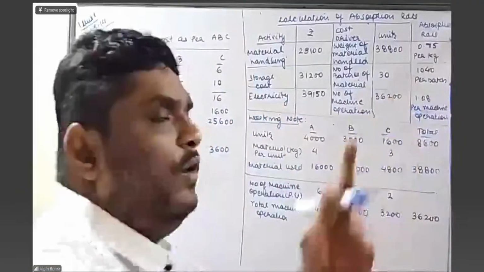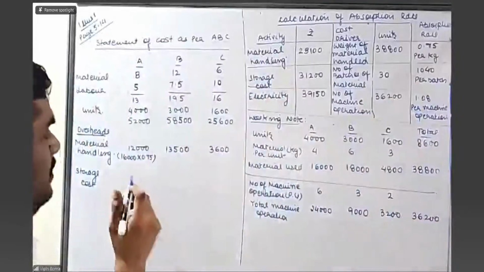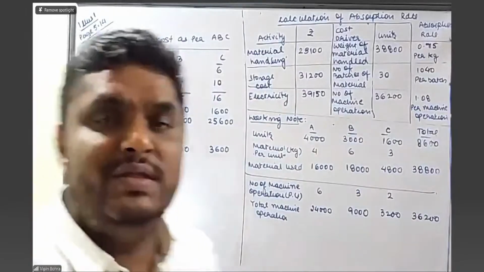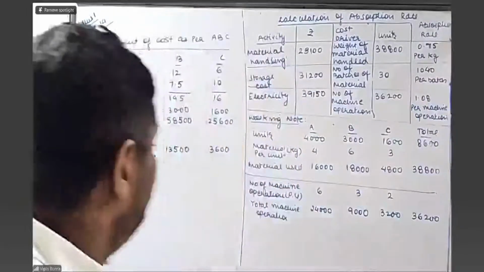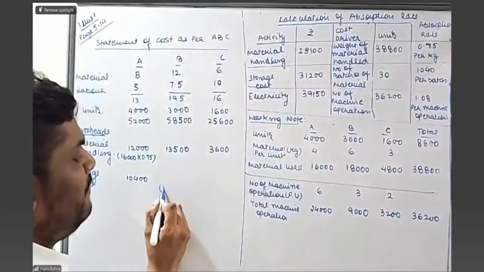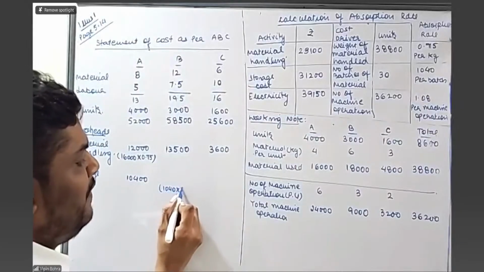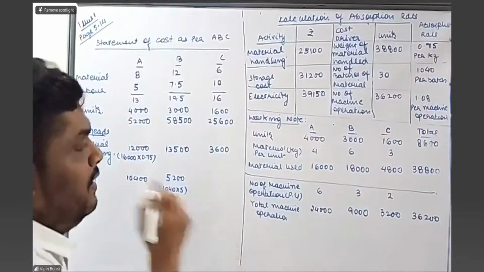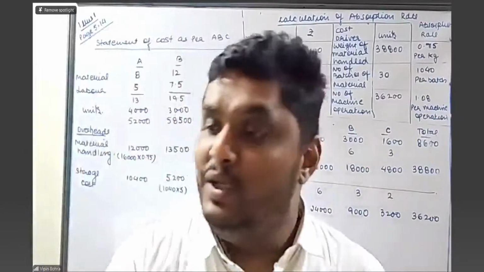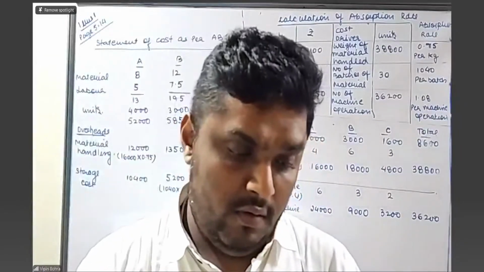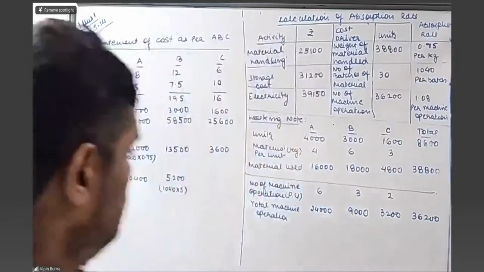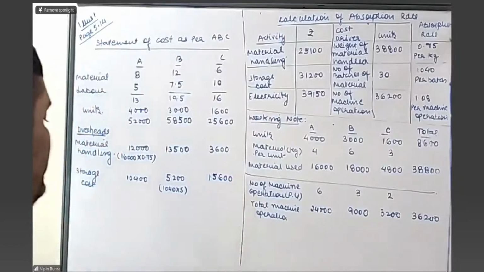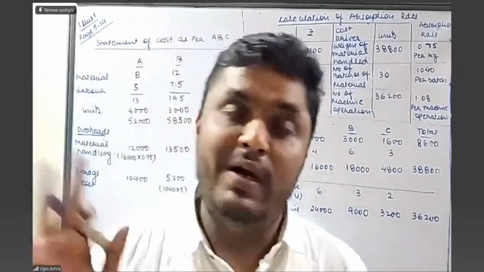So 1040 into 10, that will be 10,400. 1040 into 5, here I'm writing it for your reference, 1040 into 5, so this will be 5,200. And 1040 into 15, 15,600. I hope this part is clear. So second overheads are also done.